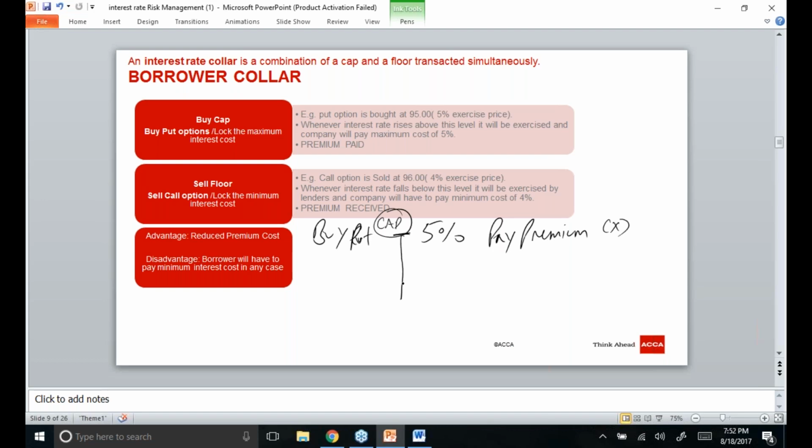What you will do, at some lower rate, let's suppose 4%, you will sell the floor. Sell floor means you will sell a call option.